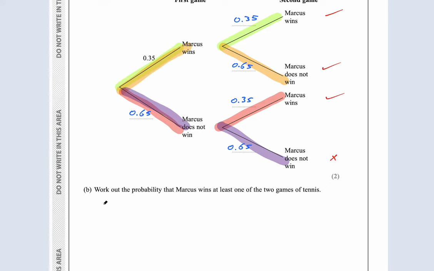But I'll just do it the old school way, guys. It's going to be 0.35 times 0.35. That's the first one. That's the green one. Plus, because it's OR, 0.35 times 0.65. Plus, that's this one, plus 0.65 times 0.35.